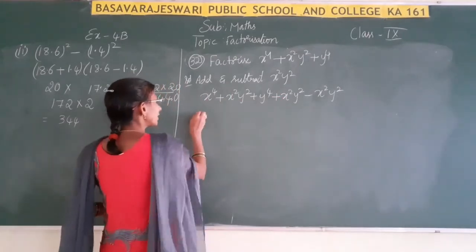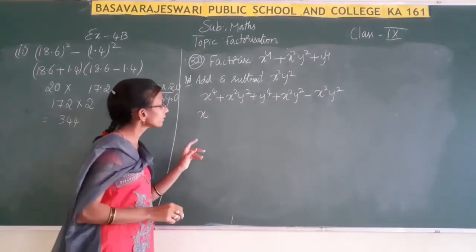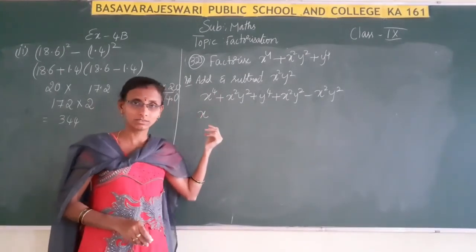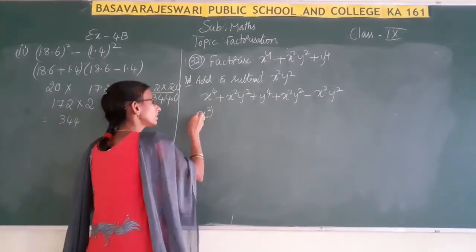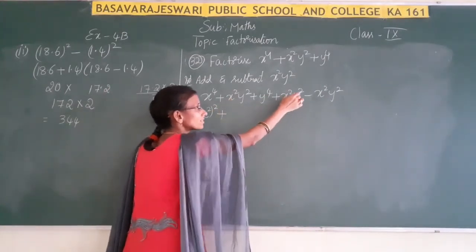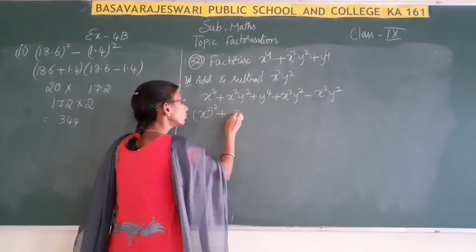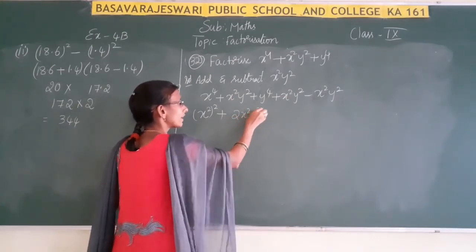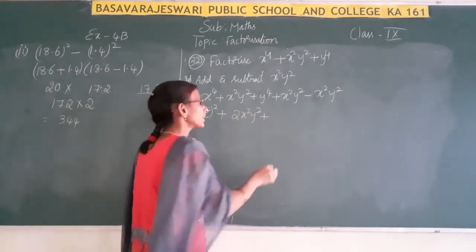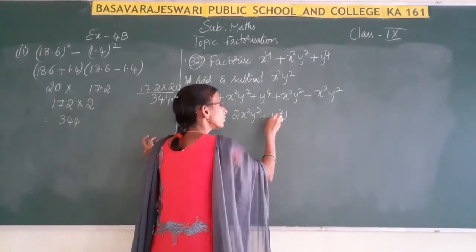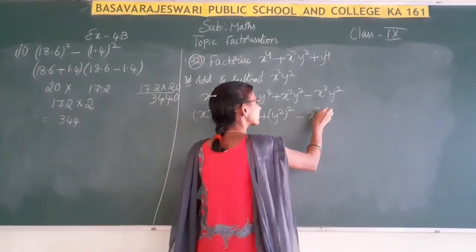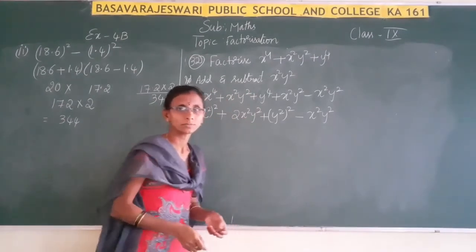Also, x power 4 I am writing in terms of squares: x square whole square plus x square y square plus x square y square, which is 2x square y square, plus y power 4 in terms of square, we can write as y square whole square, minus x square y square.